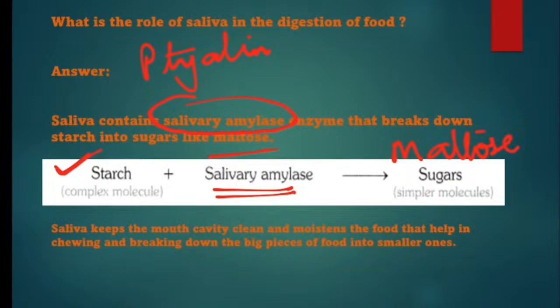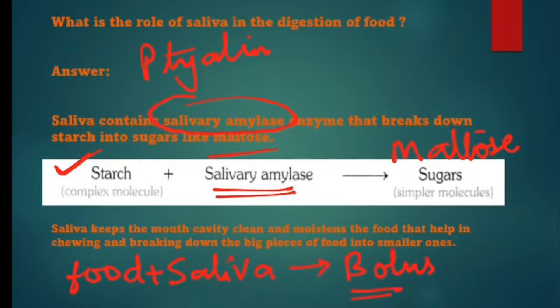Now the saliva also has one more function: it helps in cleaning the mouth cavity and moistens the food, which helps in chewing and breaking down the big pieces of food into smaller ones. When the food mixes with saliva and it softens, it becomes bolus. We call it bolus.